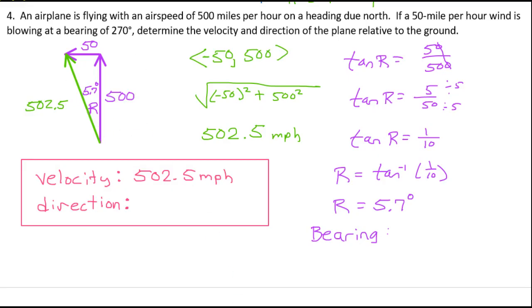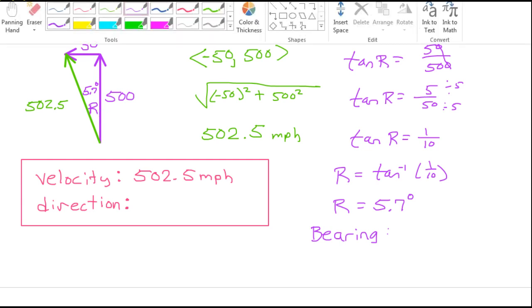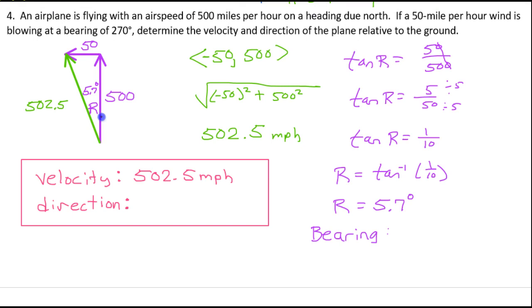Okay, so if I do that for this picture, now this is north right here, but I need to measure my bearing. I need to know how many degrees it is clockwise all the way around to here like this. So hopefully you can see this is on its way to being 360 degrees, but it's stopping short by a measure of 5.7 degrees.